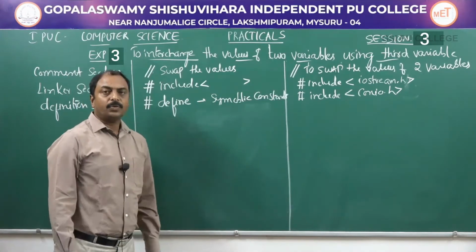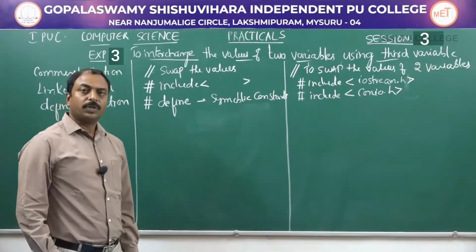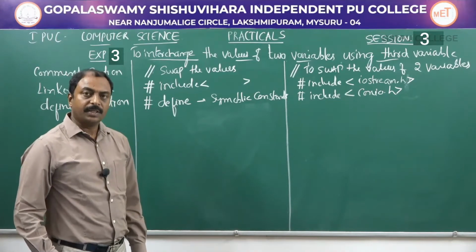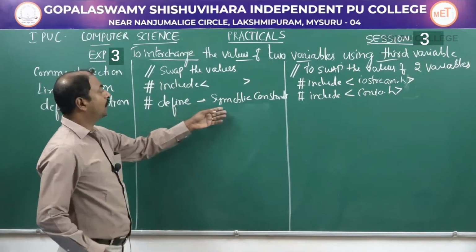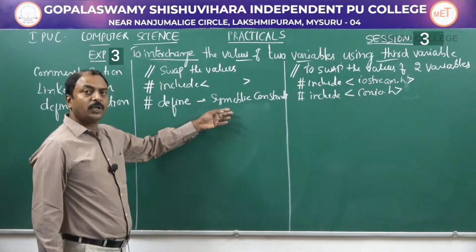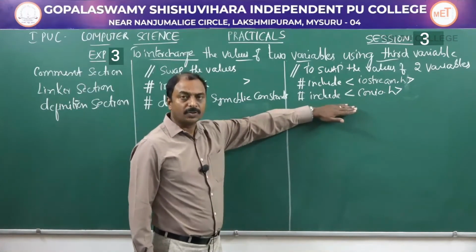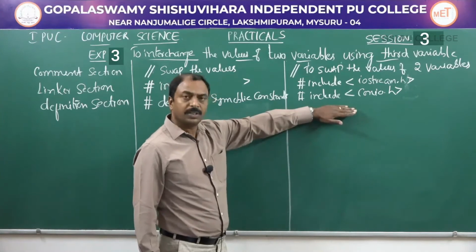For example, you know the value of pi. Suppose you want to make use of the value of pi as 3.1416 in our program, then we can make use of this section. This is again optional. In this program, as we are not using any constants, we are not using this section here.